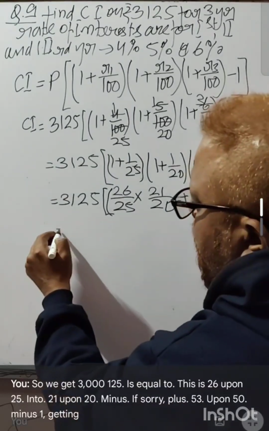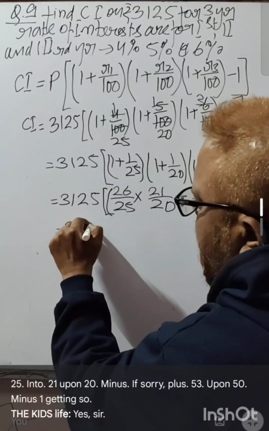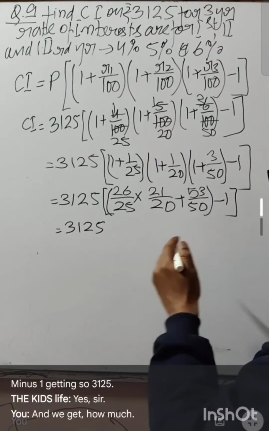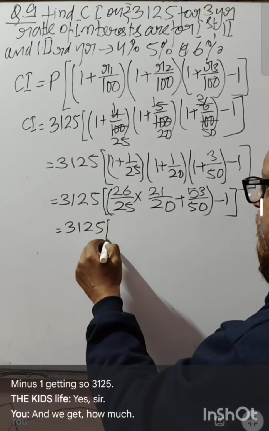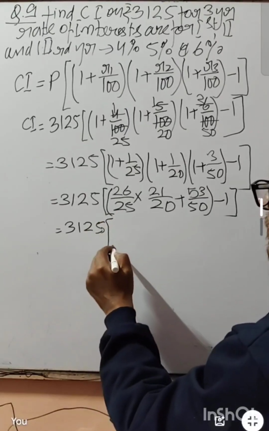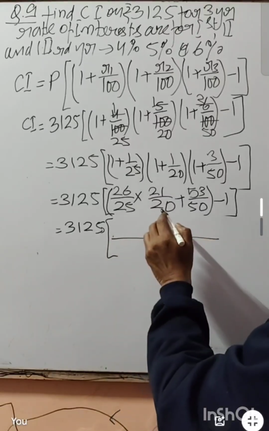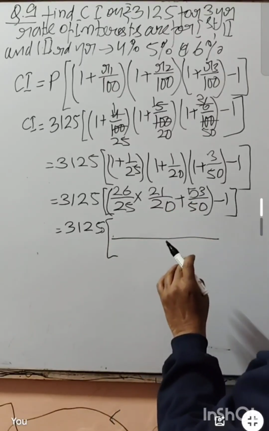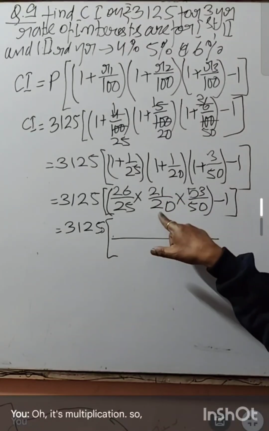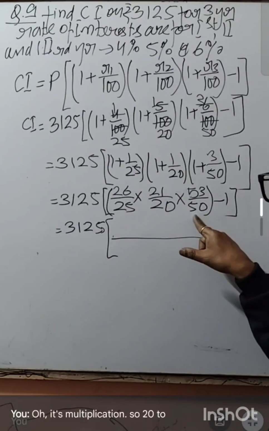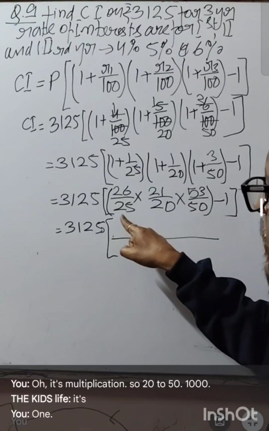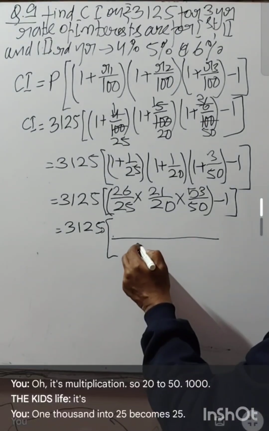Multiplying the denominators, 20 into 50 is 1000, into 25 becomes 25,000.